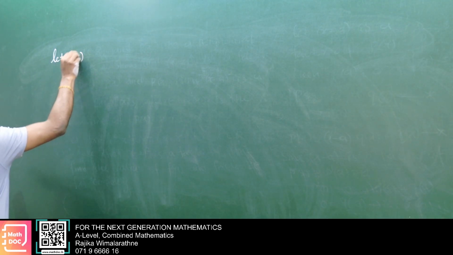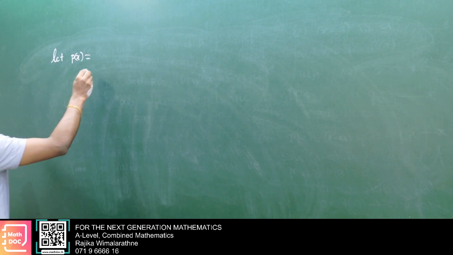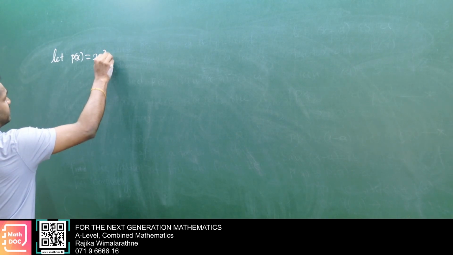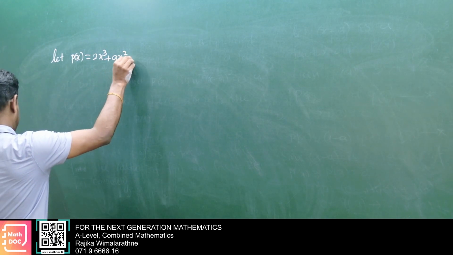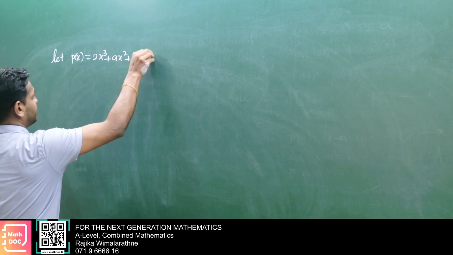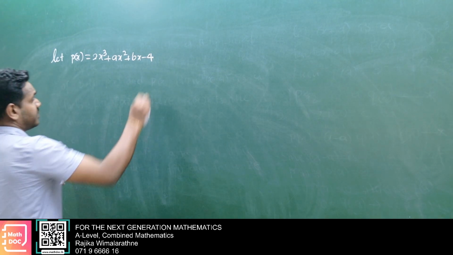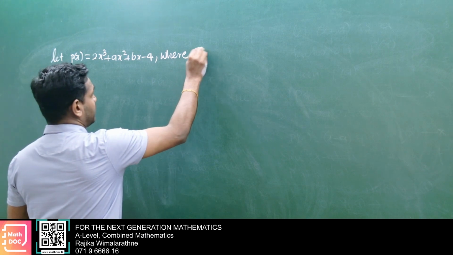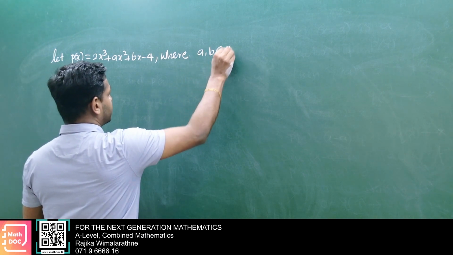Let P(x) = 2x³ + ax² + bx − 4, where a, b are elements of the real set.